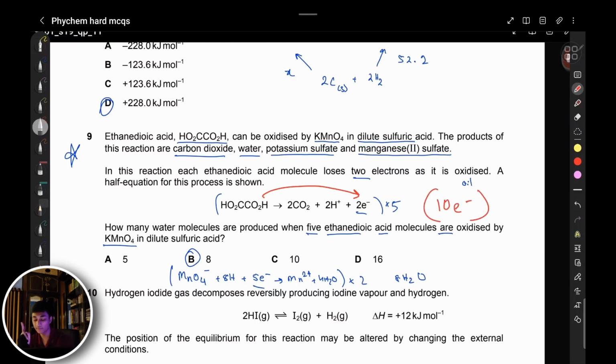Now we know we have 10 electrons to deal with. So how many water molecules are produced when 5 moles of ethanedioic acid are oxidized by KMnO4?